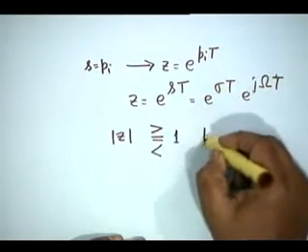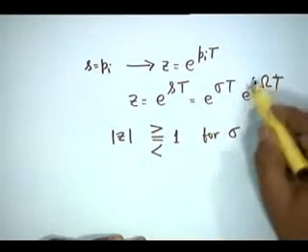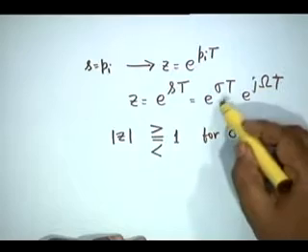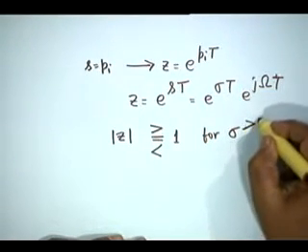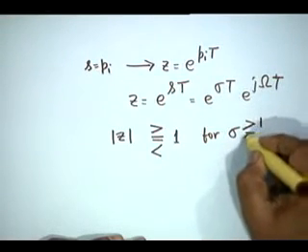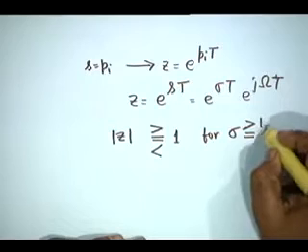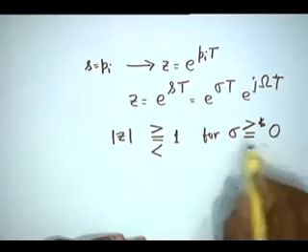The magnitude of e to the j omega t is 1, so magnitude z is simply e to the sigma t. It would be greater than 1 if sigma is greater than 0. It is equal to 1 when sigma is equal to 0.